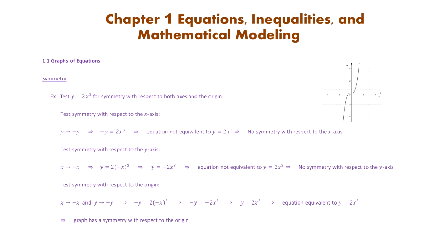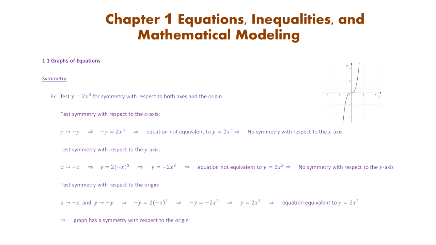Next, let's test the symmetry with respect to the y-axis. This time, you change x to negative x and see if the equation is still the same as the original equation. So change x to negative x in the equation. We get y equals 2 times negative x cubed. And negative x cubed is just negative.